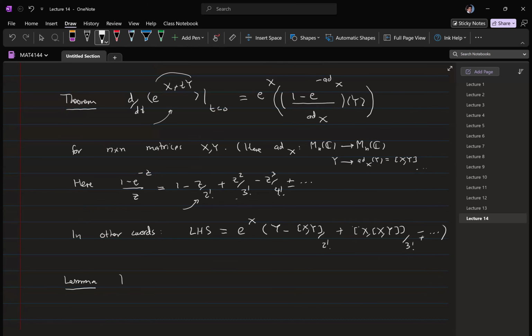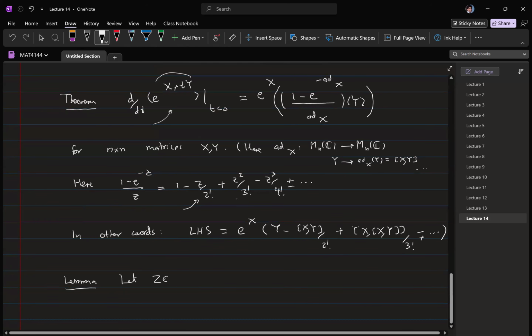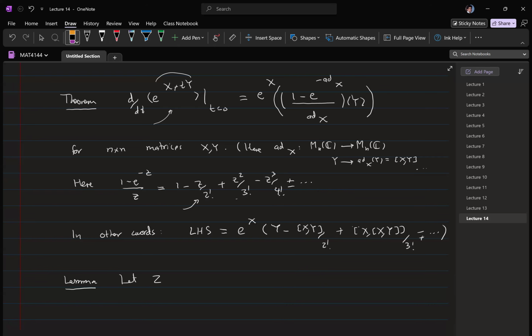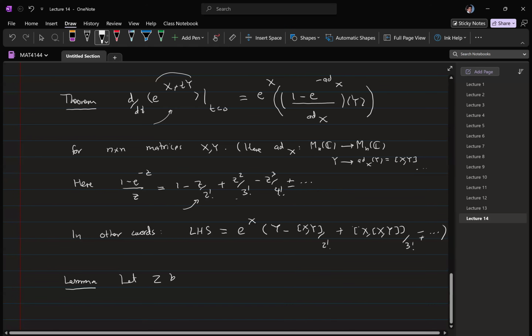So first I have this lemma. Let Z be any linear transformation, be an n by n matrix.